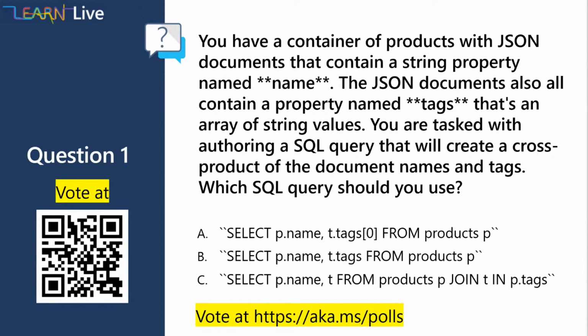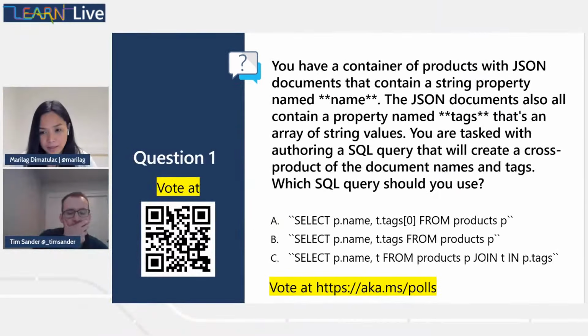Which SQL query should you use? A, select P.name, T.tags[0] from products P. B, select P.name, T.tags from products P. Or C, select P.name, T from products P join T in P.tags. That's a handful to say, but I'll let you answer, team.